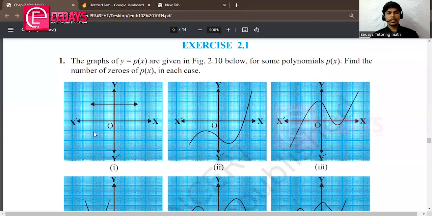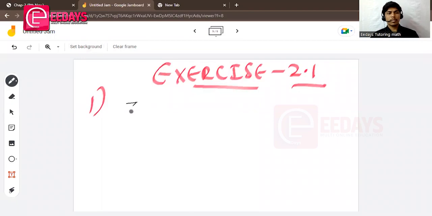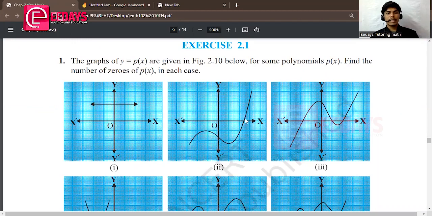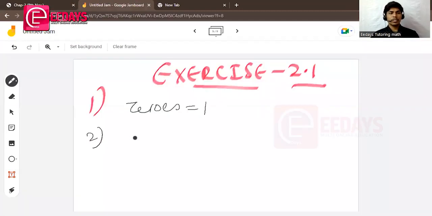First one, there is no cutting of the x-axis, so the number of zeros is 0. Second one, it is cutting at exactly one point, so the number of zeros is 1.